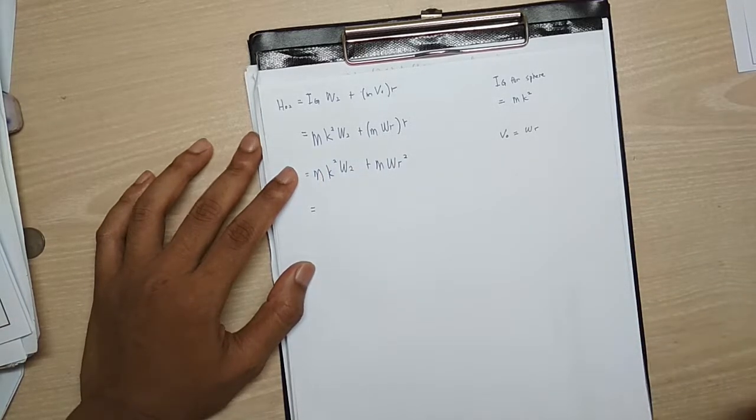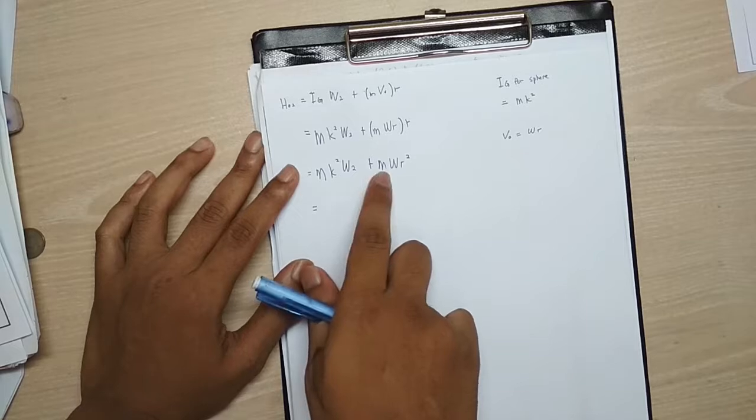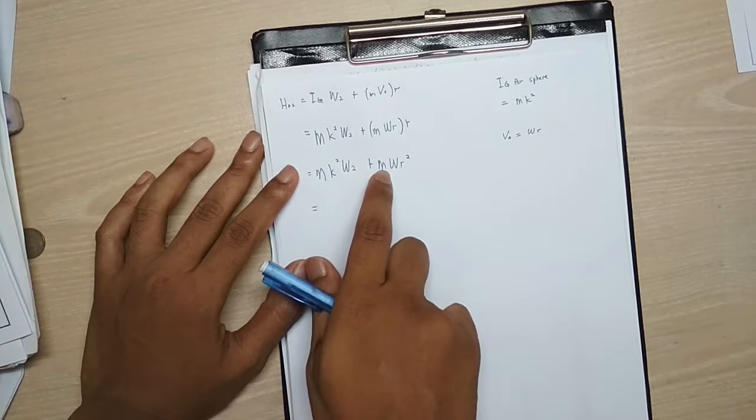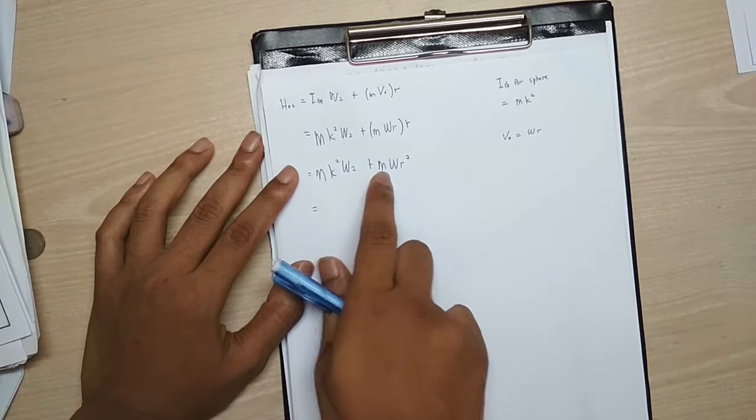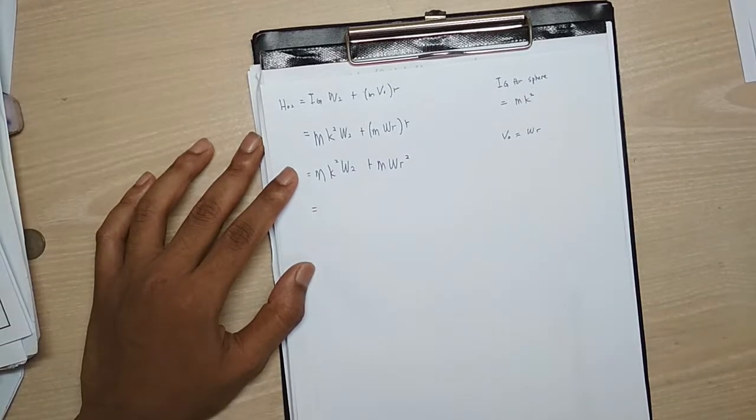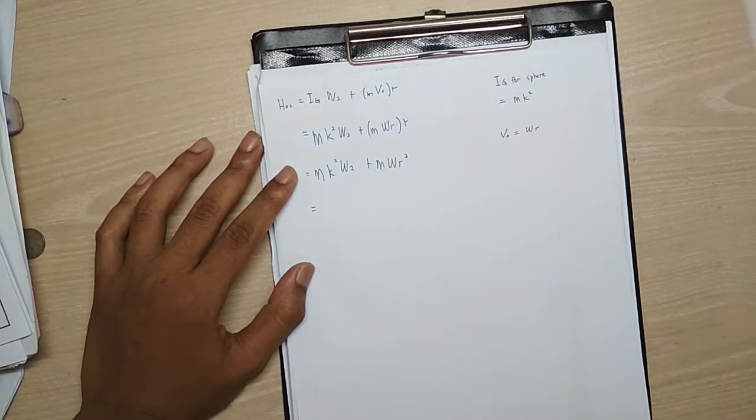Then after we got this equation, we include the value that we got from the FBD.